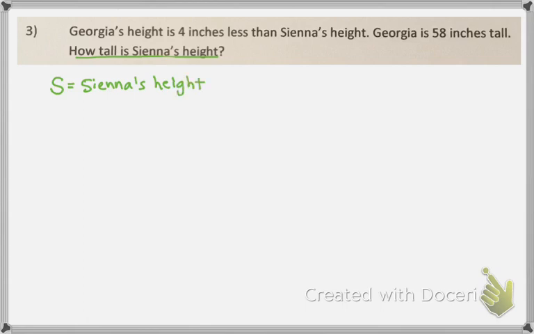All right, let's start exploring back there. Georgia's height is, I just heard is. There's my equals. 4 inches less than. That says we're going to subtract, but it also says we're going to switch order. Well, I do know one thing for sure: 4 is 4.